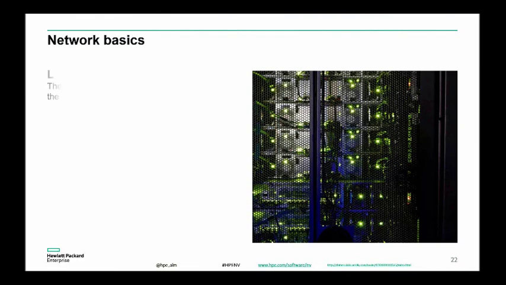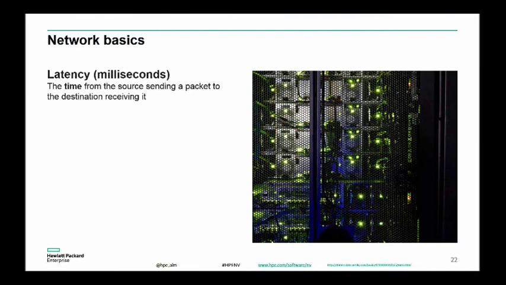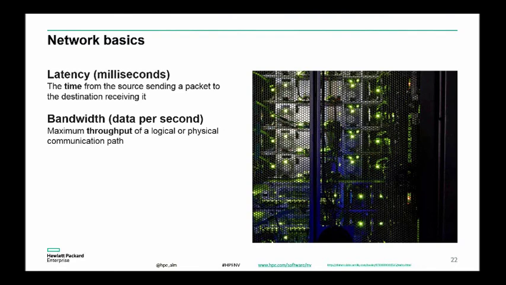This is referred to as latency in networks, the time from the source sending a data packet to the destination receiving it. The width of the hose impacts the throughput, or capacity, of the amount of water that can flow in a certain time. This refers to bandwidth in networks, the maximum throughput of a logical or physical communication path.